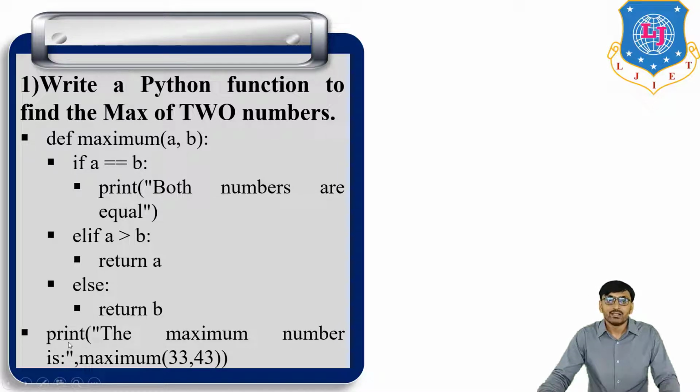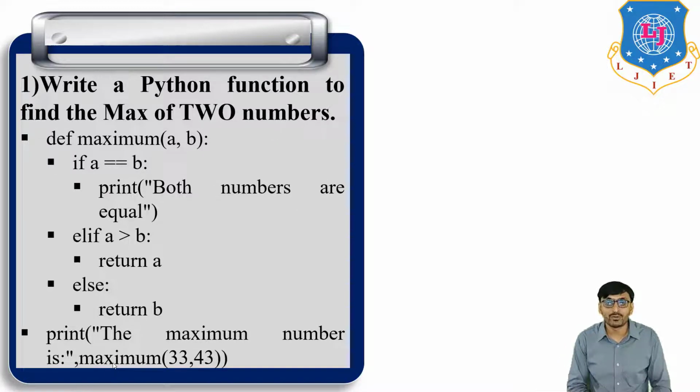And at last, print the maximum number is maximum(33, 43). So this maximum(33, 43) is the function calling.